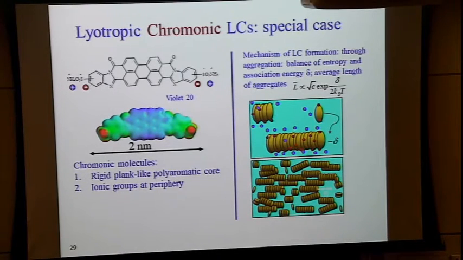And these red regions are just charged regions. They can be negative or positive, and these are highly hydrophilic. So by stacking the molecules this way, I also create a surface that is very hydrophilic, and it's very nice for the aggregates to be in water when their surfaces are hydrophilic.